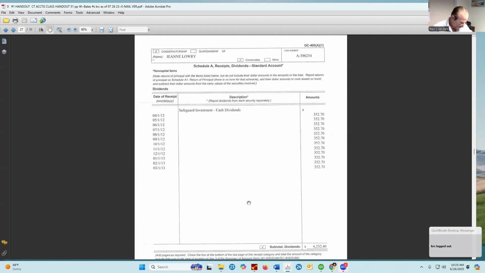You have to list every dividend payment that was received. And that can be a problem sometimes with large portfolios because of the large number of transactions. So it becomes a bookkeeping problem.